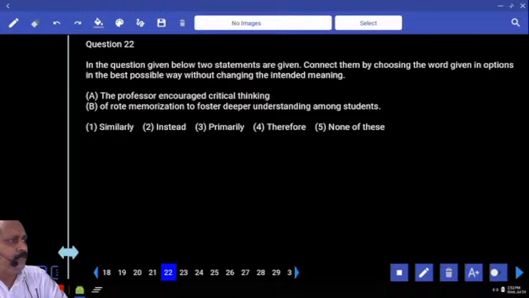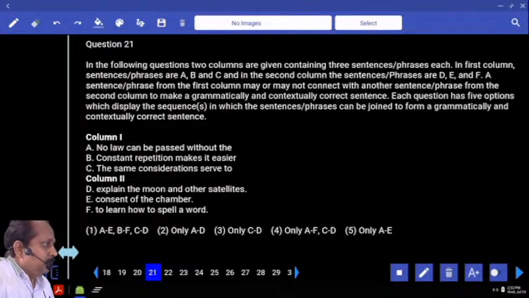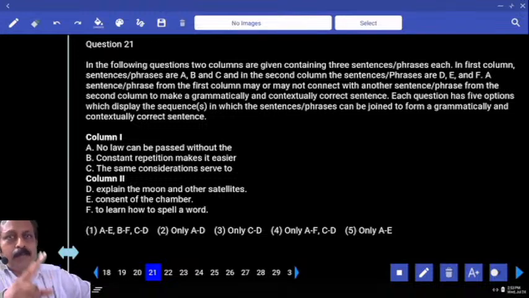That's all. How many questions based on columns? Previous one. Which option? Third option. Columns. No, see, there are two ways of explaining.